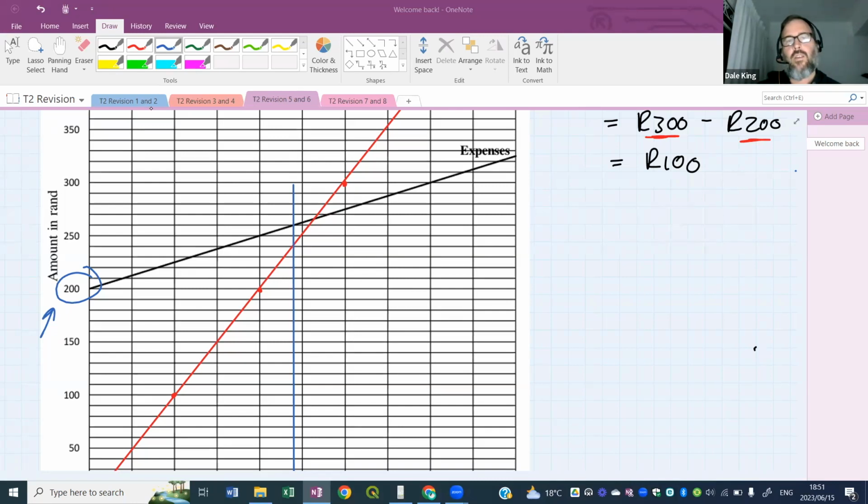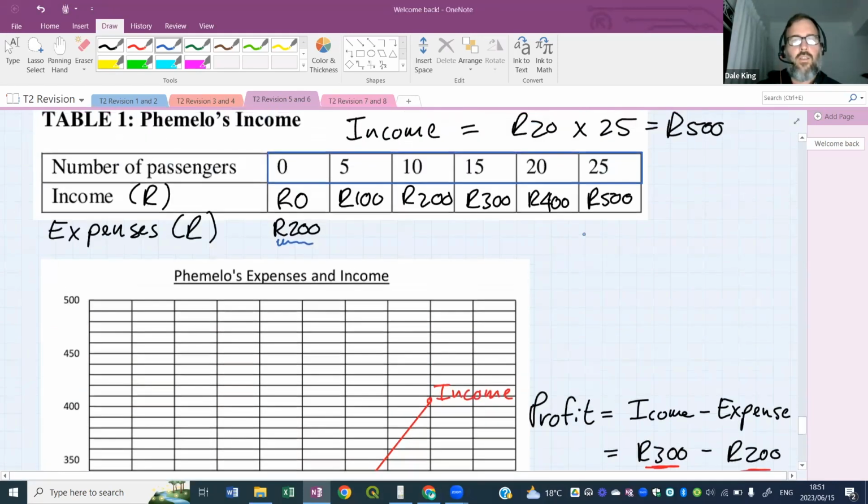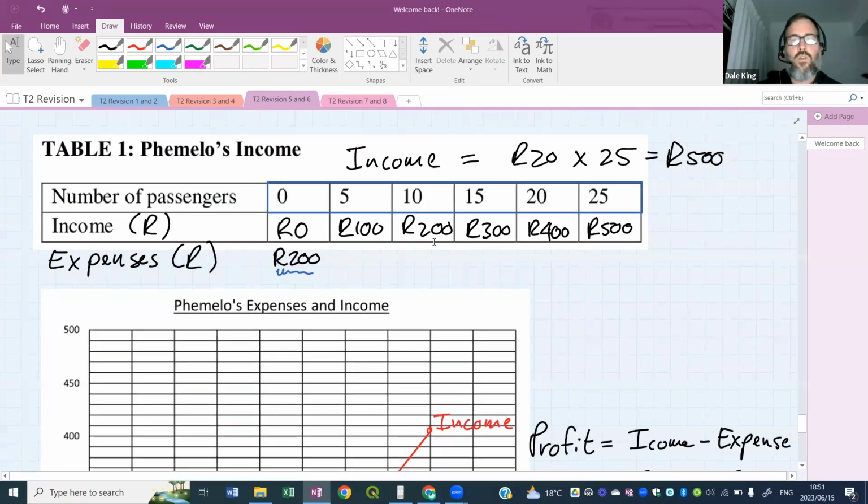Sir, can you please go back to the top, to the expense and income table? Yeah, for 10 passengers, he makes 200 rand. So if he has 12 passengers, let me calculate real quick. 12 times 20 is 240. So he makes 40 rand profit if he has 12 passengers. Below that, like 10 going down, he doesn't make any profit.